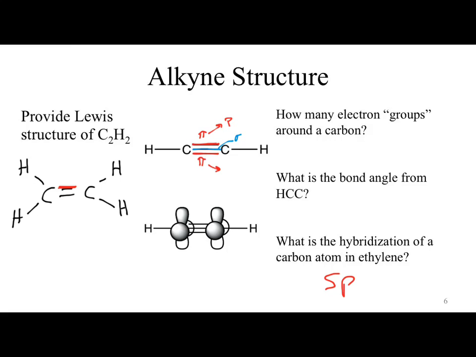So what makes the pi bond is a p orbital. What makes the sigma bonds? Some hybridization of an s orbital. The s orbital is lower in energy. We would predict the sigma bonds to be lower in energy and hence less reactive. The pi bond is made up of p orbitals. Our p orbitals are higher in energy. We would expect them to be more reactive.